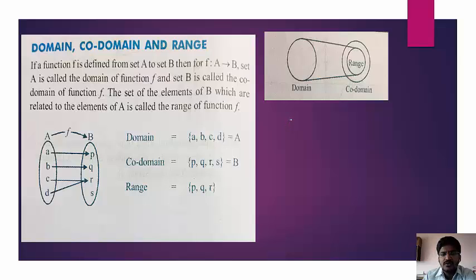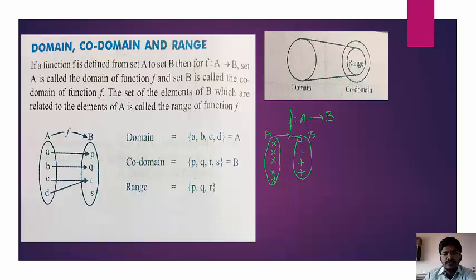If I want to say f is a function from A to B, it has to satisfy one particular condition. That is, each and every element of set A should relate to an element of B in a unique way.